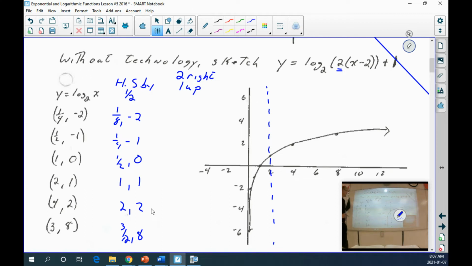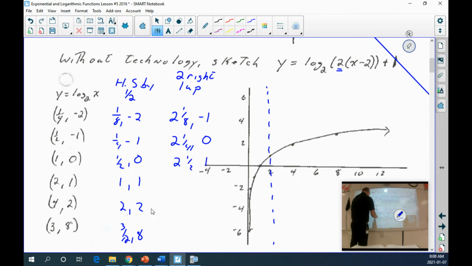So 2 right, this is going to be 2 and 1/8, and 1 up, going to be negative 1, 2 and 1/4, and 0, 2 and 1/2, and 1, 3 and 2, 4 and 3, and 5.